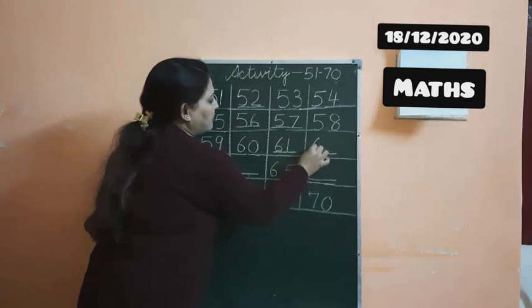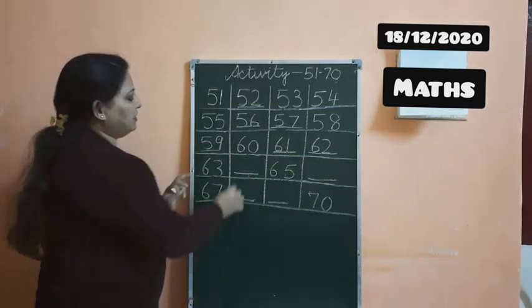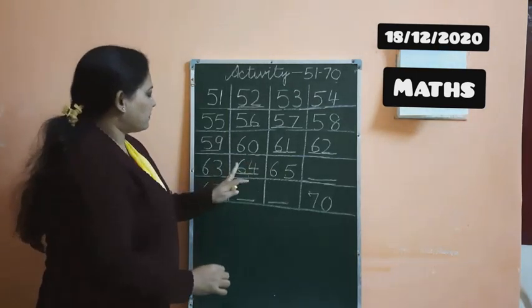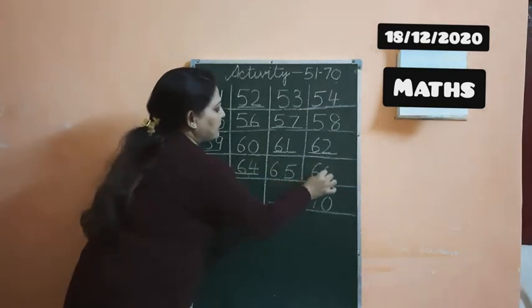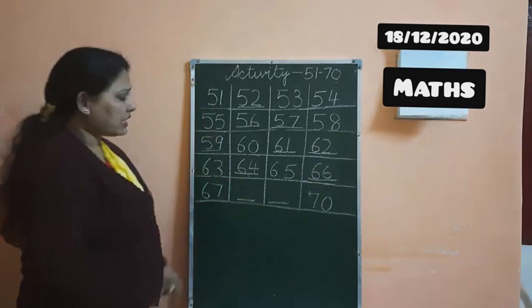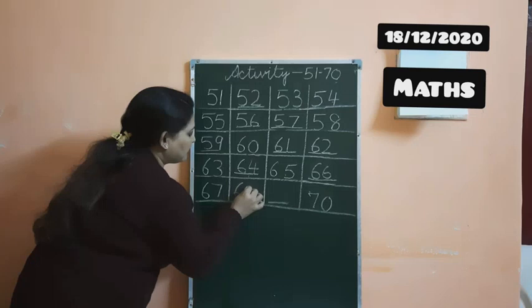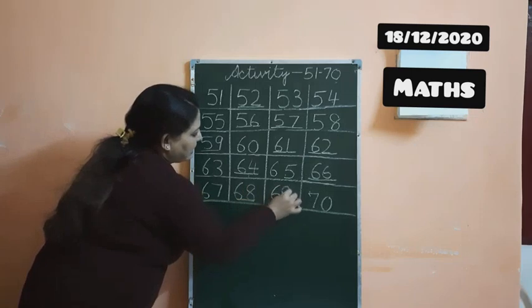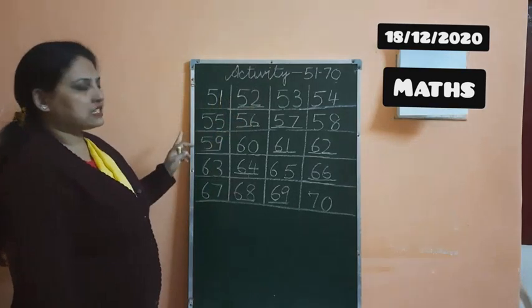After 61, 62. After 62, 63 is already here. After 63, 64, 65. Which number will come? 66, 67, 68. And now the last is 69 and 70. So we have finished this activity.